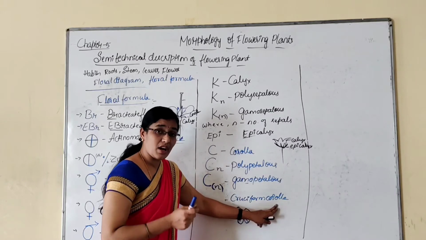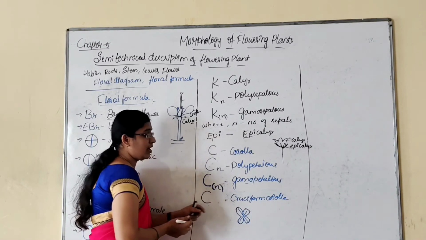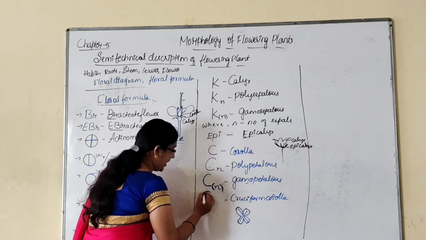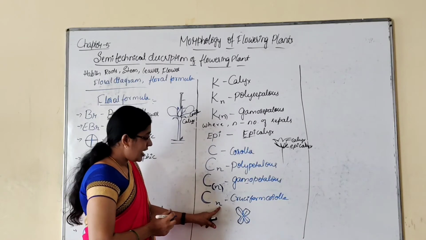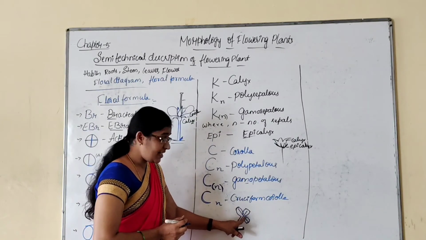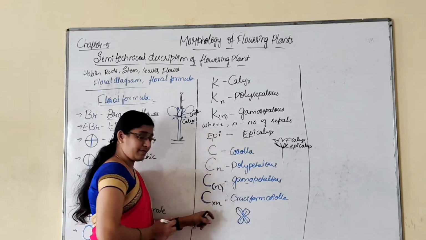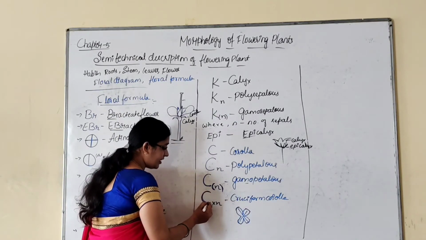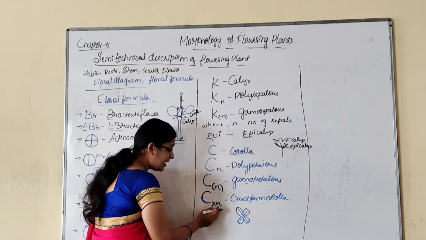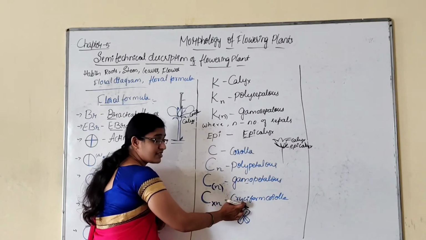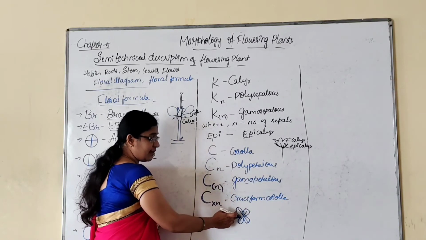this cruciform corolla is symbolically represented as, what is the symbol for corolla? See here we write C, and also we indicate N at its foot. As the cruciform corolla is in the form of X or a cross, here we write the cross. So if we write C and at its foot we write the cross and N, this cross represents the cruciform corolla, and N indicates the number of petals.